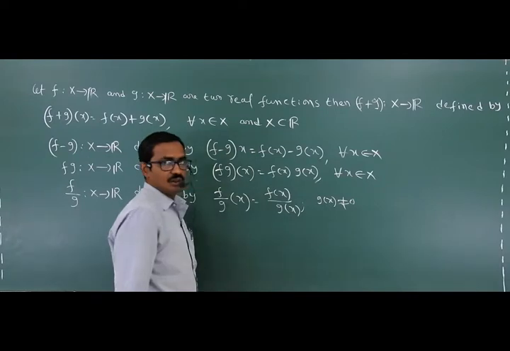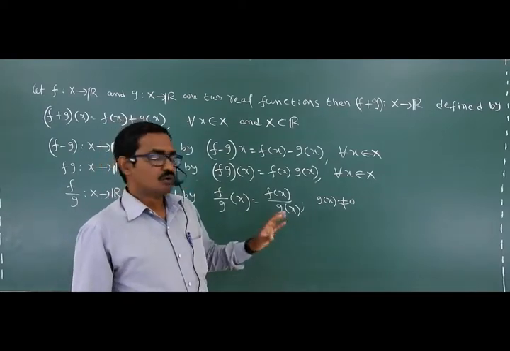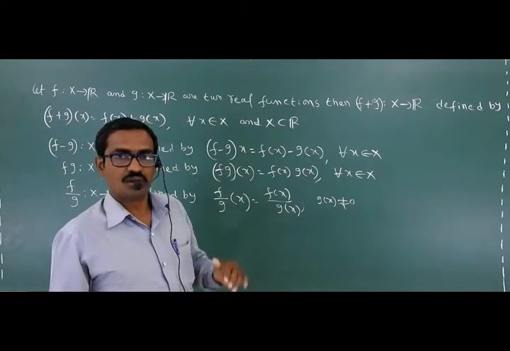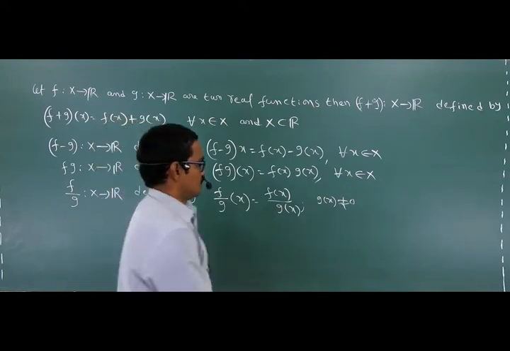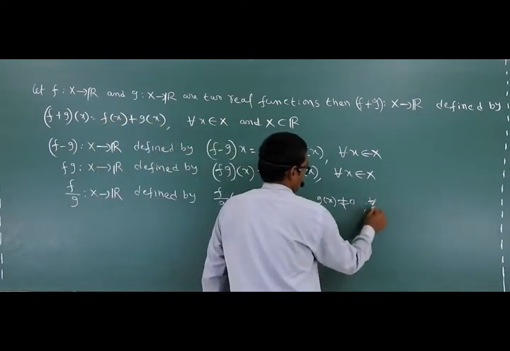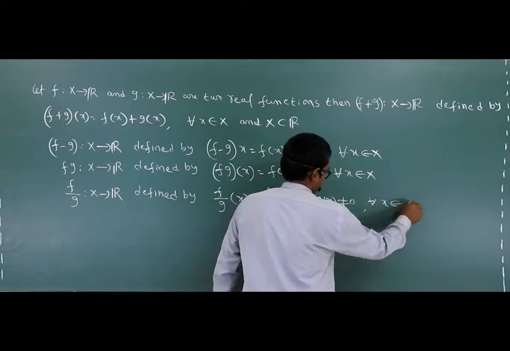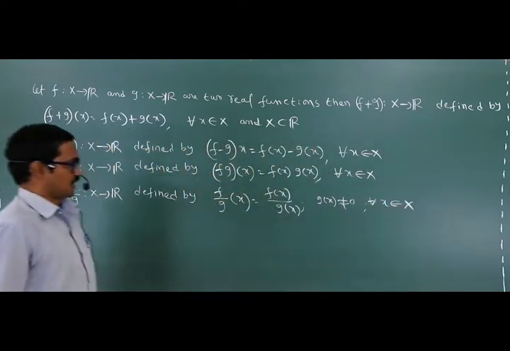Whatever the values satisfying g(x) equal to 0, those values we have to remove from the domain of the function, for all x belongs to capital X.